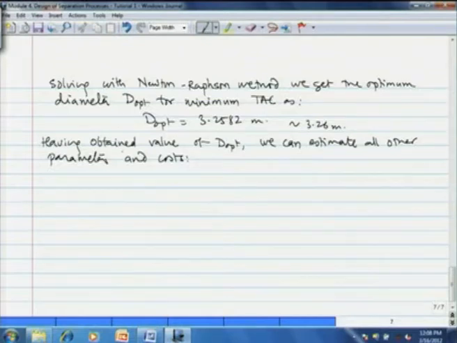And now I am giving the answers. First is H opt, height of the tower at optimum condition, that is 28.75 divided by D. So substituting D, we get this as 8.824 meters.